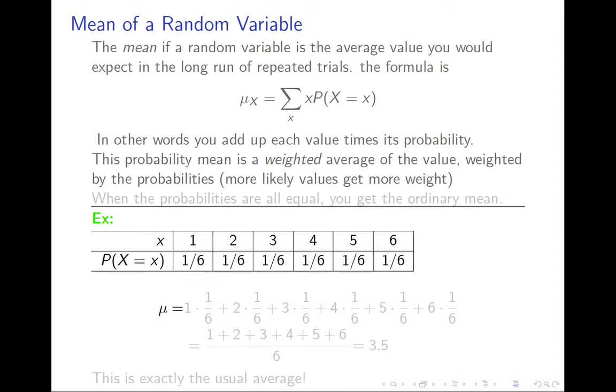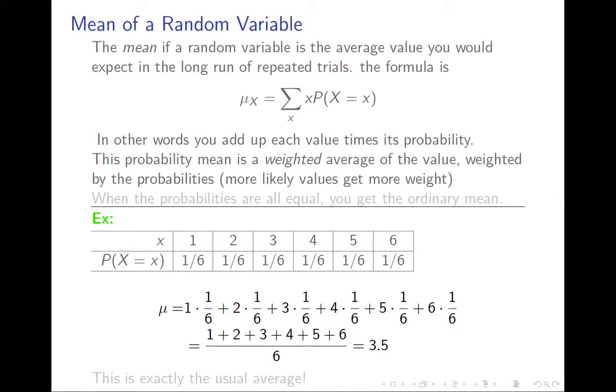Let me go again, do the simplest example last. X: all the probabilities are equal, so we add up each value times 1/6. Notice I can factor that 1/6 out. When I do, I get 1 plus 2 plus 3 plus 4 plus 5 plus 6, all times 1/6, or divided by 6 if you prefer. And now you notice that that's exactly our Chapter 2 version of the average.